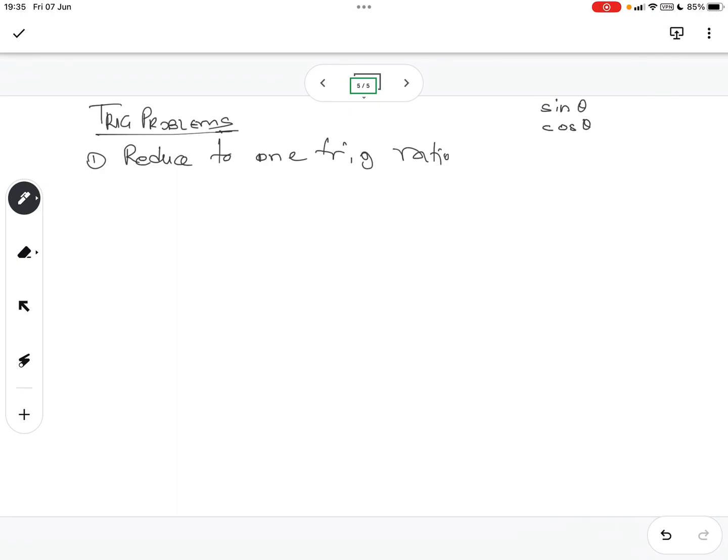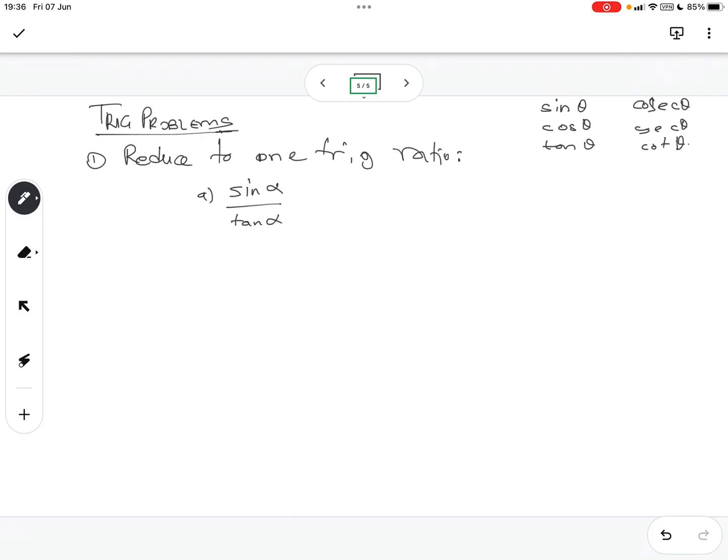Reduce to 1 trig ratio. Remember, trig ratios, there is sine, cos, tan. There is also cosec, sec, and cotan. Remember these. So we must reduce the following to 1 trig ratio.